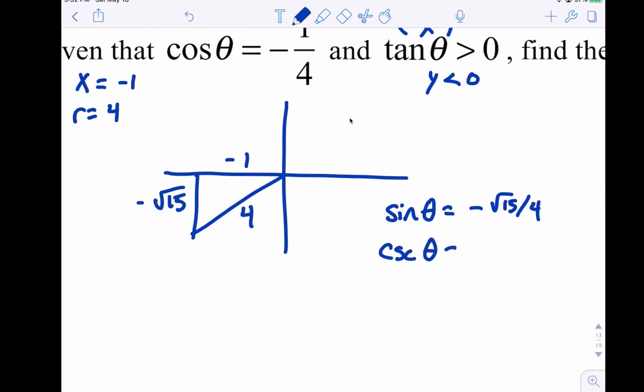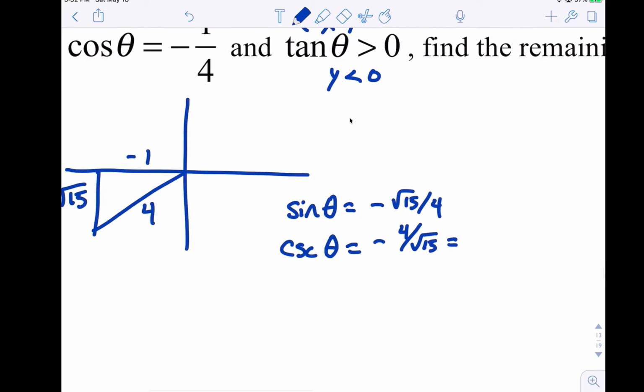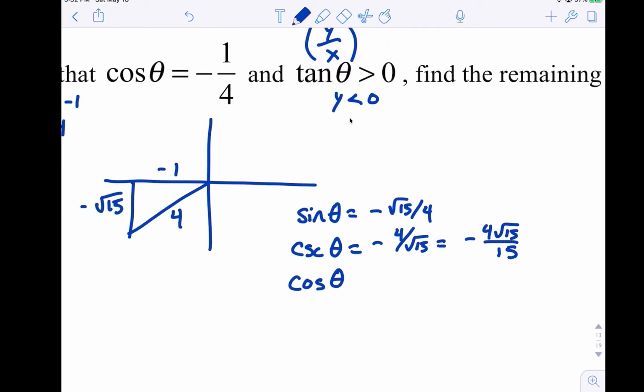Cosecant of theta is going to be negative 4 over root 15, which is negative 4 root 15 over 15. Cosine we already know is negative 1/4, which then makes secant negative 4.